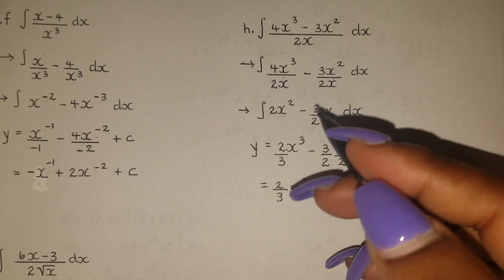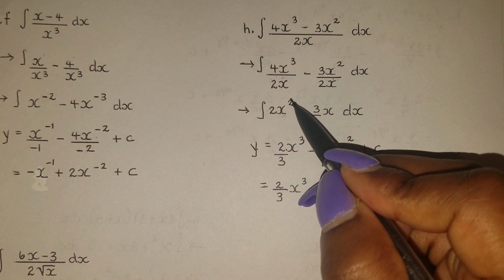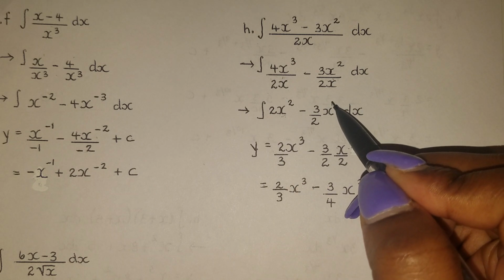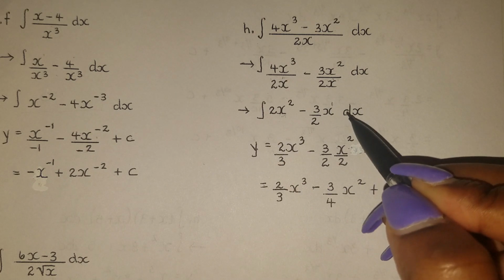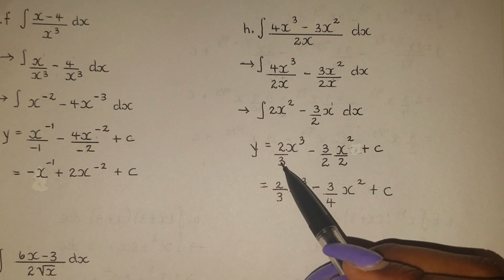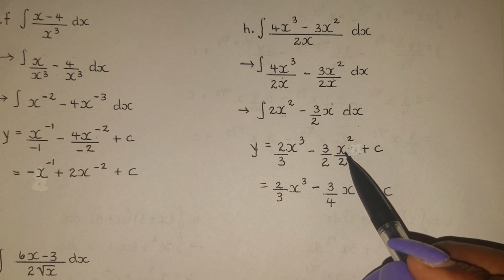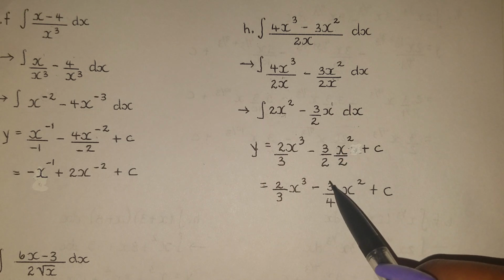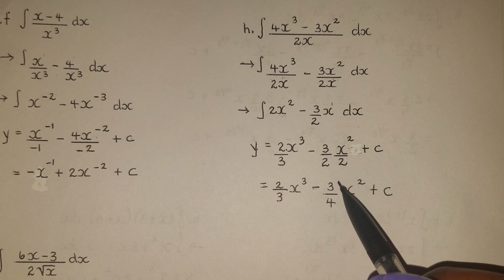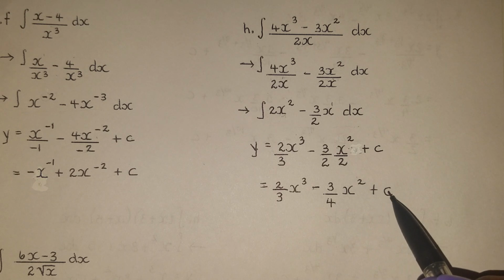Following the rule, add 1 to the power of 2 to get 3 and divide by 3. Add 1 to this power to get 2 and divide by 2. So our simplified answer becomes 2 over 3 x cubed. This is 3 times 1, 3, 2 times 2, 4. So this becomes minus 3 over 4 x squared plus c.